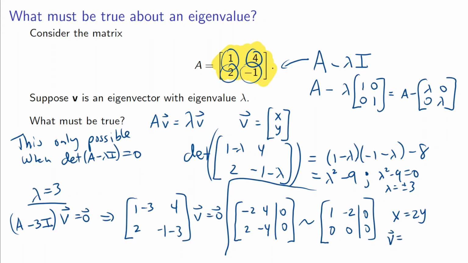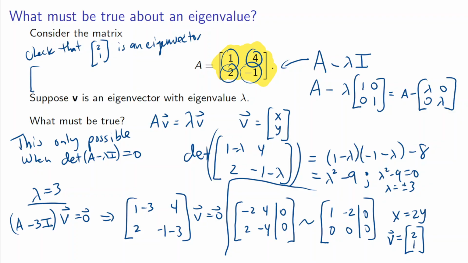So for example, we could let v equal, if y was 1, then x could be 2. So (2, 1) is apparently an eigenvector. Let's check that (2, 1) works.